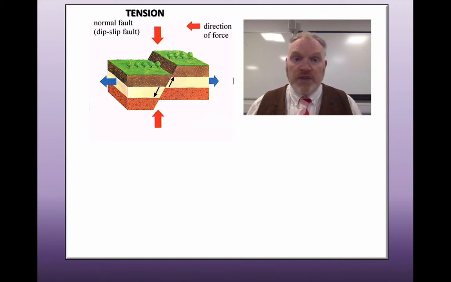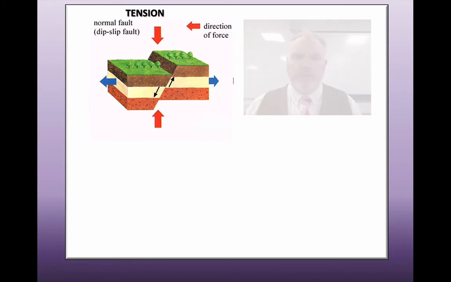As I say, the key way to recognize this is that the hanging wall is down thrown. Another way of looking at it is that the fault plane dips towards the down throw side. So that's one type of fault that we'll find, like I say, in an area of crustal tension.